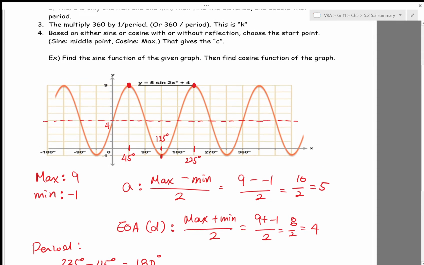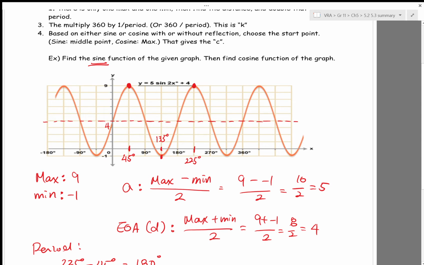So in this case, I ask you to find the sine function, and we know that the sine function starts from the middle, right? So I can say, this is my middle point to start, and goes up to the max, comes back down to the middle, and then minimum, and comes back up to the middle again. So I can say this is my cycle, okay?